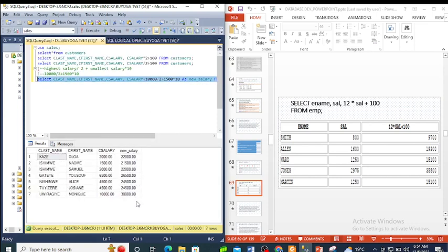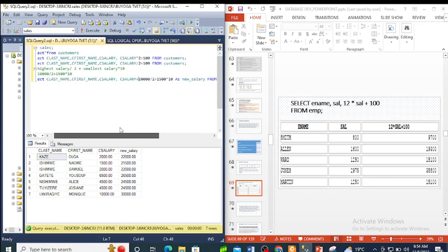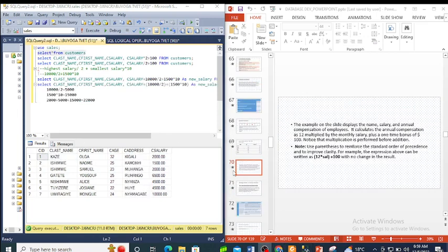Okay, you can see here. So I hope that you have understood how the order is evaluated. So let's see how this was evaluated.